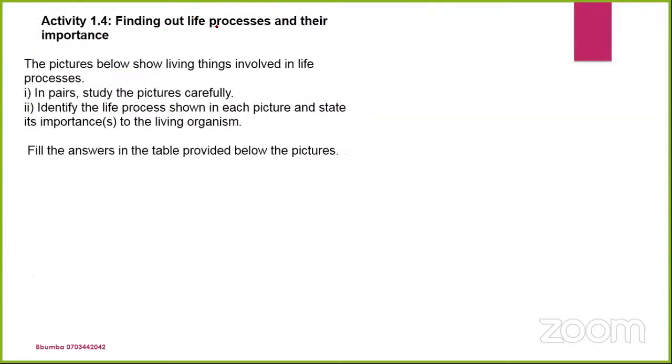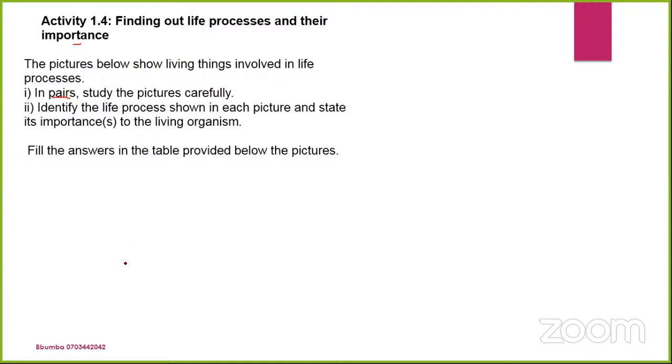Then we're trying to find out processes and their importances. The pictures below show living things involved in life processes. In pairs, normally for this new curriculum, we are supposed to be discussing as groups.